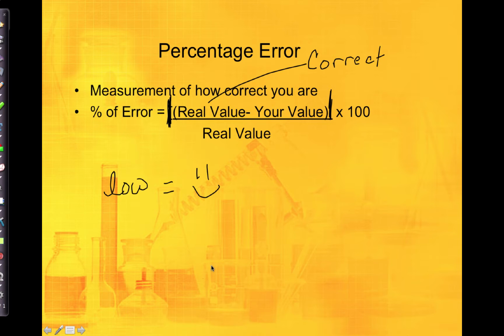Let's say that you should have gotten a length of 5, but you got a length of 4. So 5 is what you should have gotten. 4 is what you got.